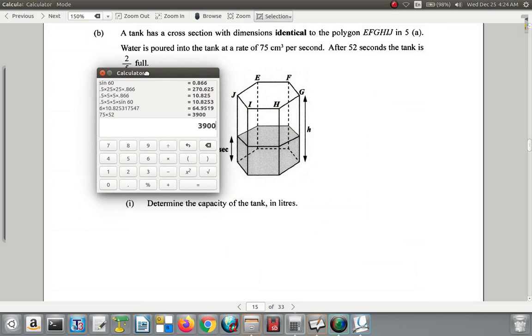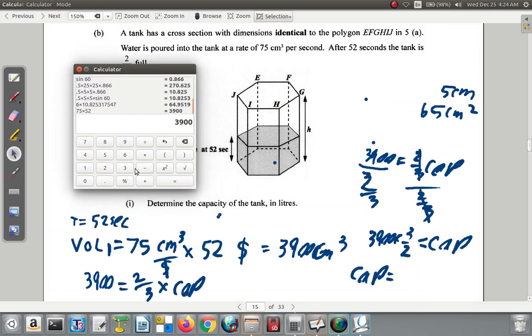You could also do it with a calculator. So what you would do in that case is 3900 divided by open bracket 2/3 close bracket, equal, and you get 5850.